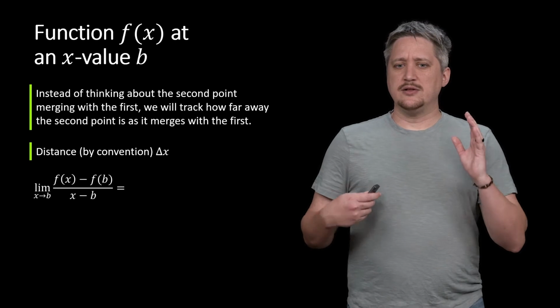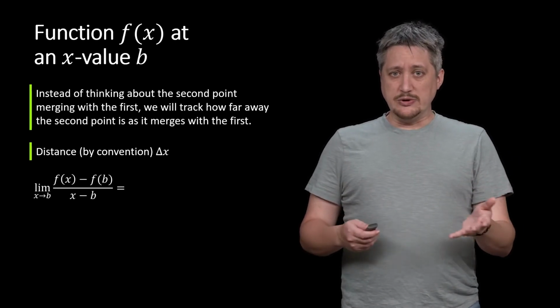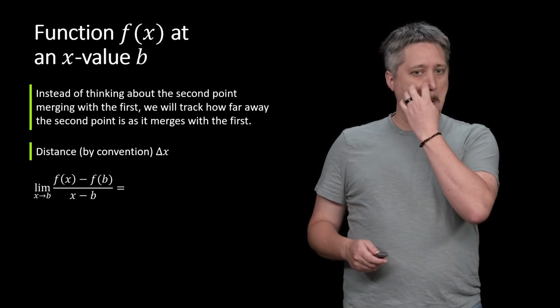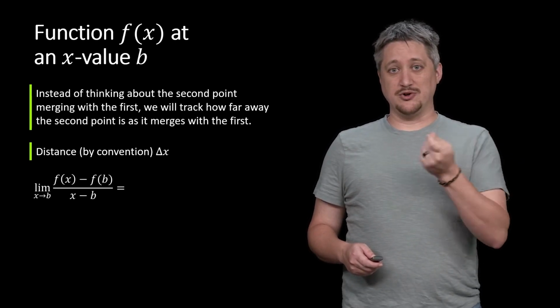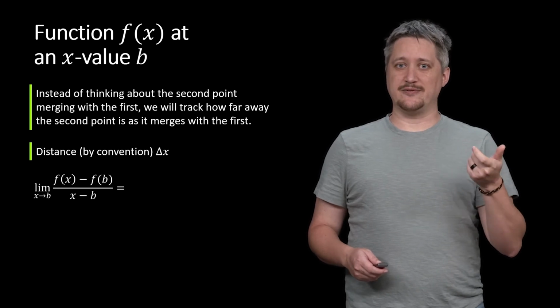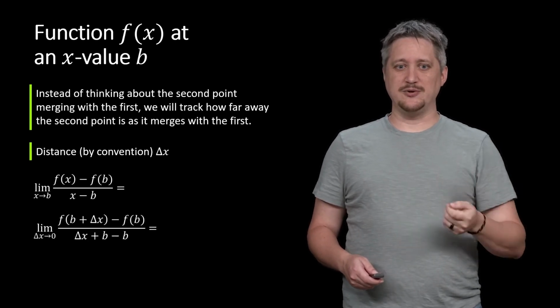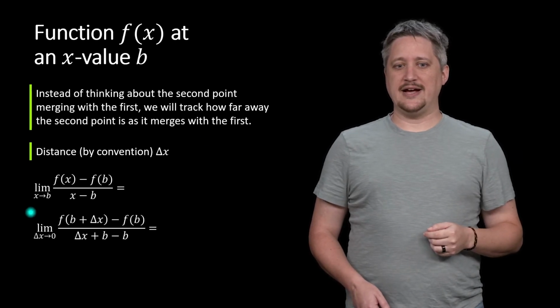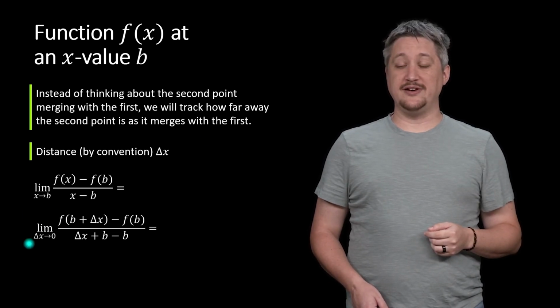So looking at our original difference quotient, this limit as x goes to b piece is thinking of x merging to b, and we're replacing it with the idea of that distance from b going to 0. So instead of having x go to b, we have delta x, that distance, go to 0.